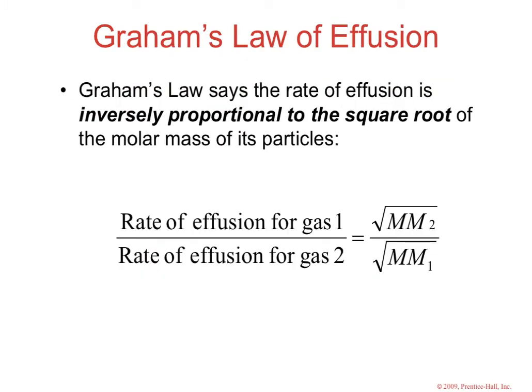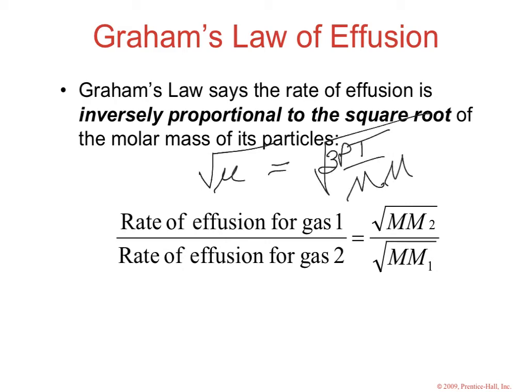Now, Graham's law simply takes the formula for the root mean square speed that we had, which was temperature over molar mass, and made a ratio, in which the extraneous variables cancel out, and it's much easier to use.